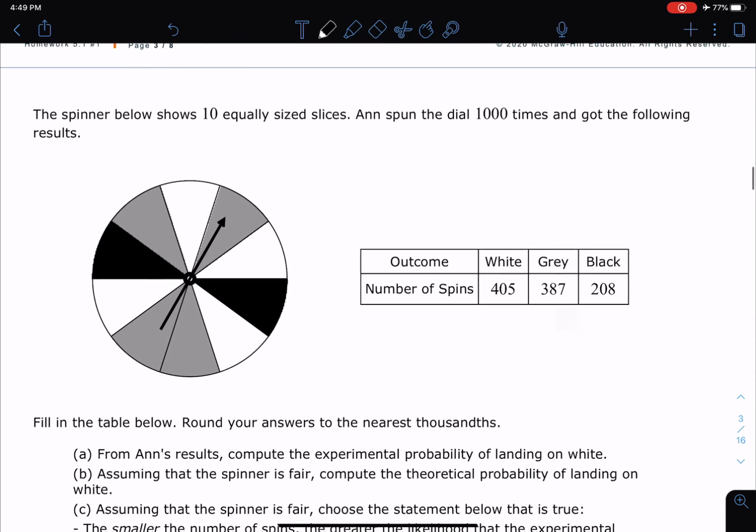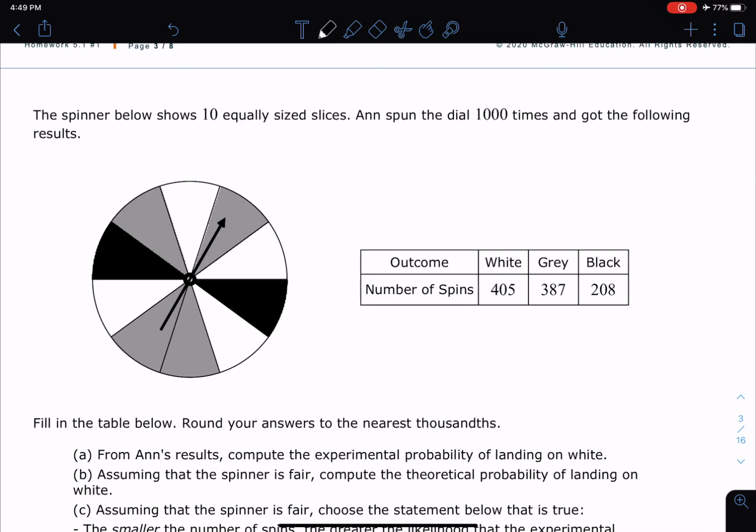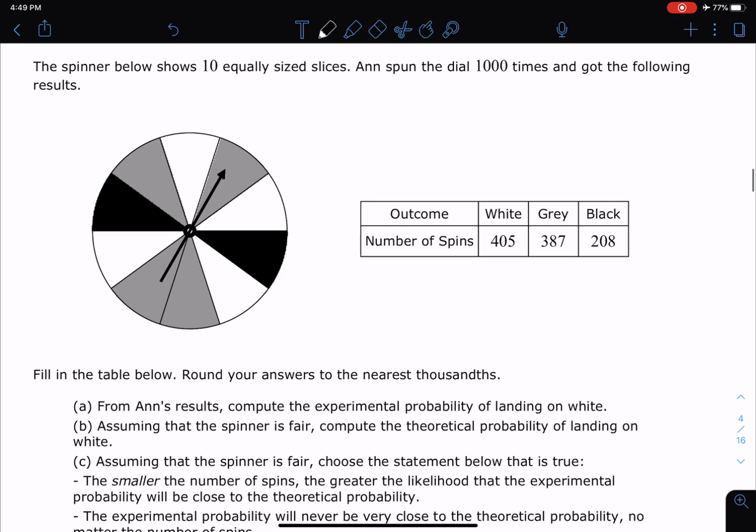All right, the spinner below shows 10 equally sized slices and spun the dial 1,000 times and got the following results. So now notice this is an experiment. So that means it's going to be experimental probability.